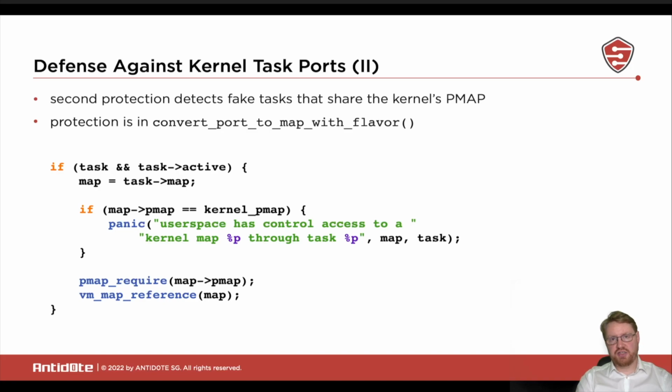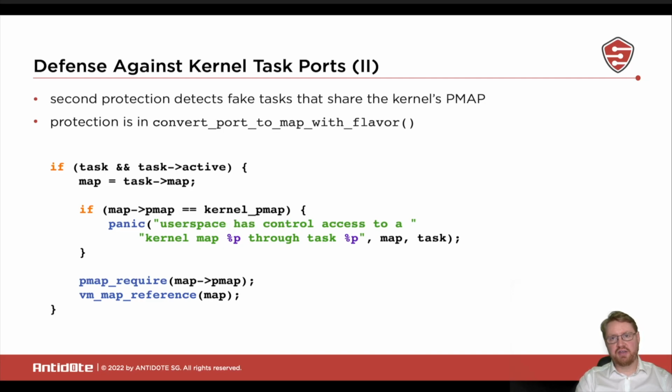But the next protection that they added goes a little bit deeper, because it would theoretically be possible to have an arbitrary task that is a real task that points to an arbitrary real map, and then inside this map we have a pointer faked because we override the pmap pointer with the kernel pmap pointer.